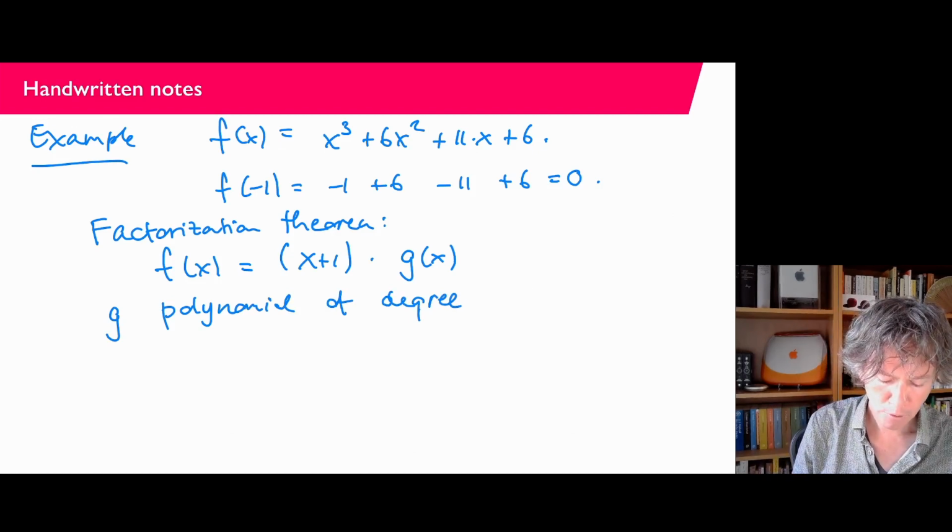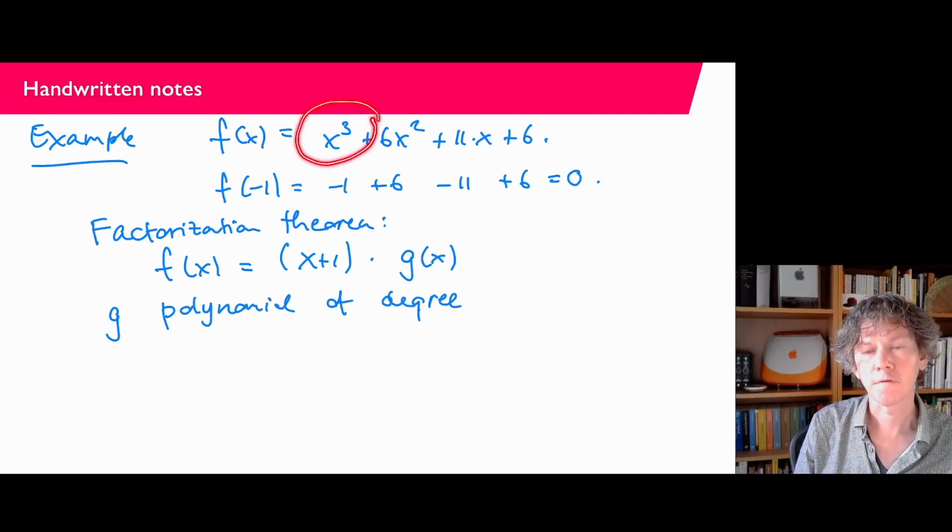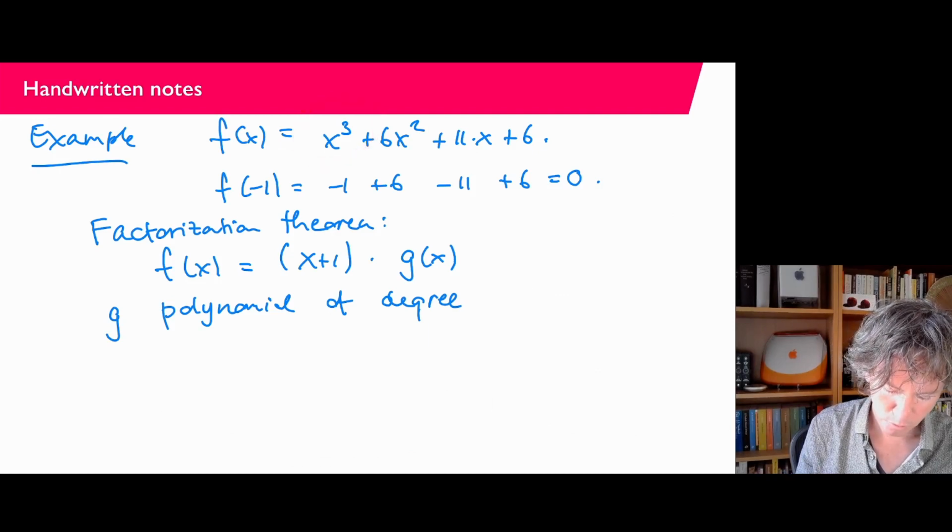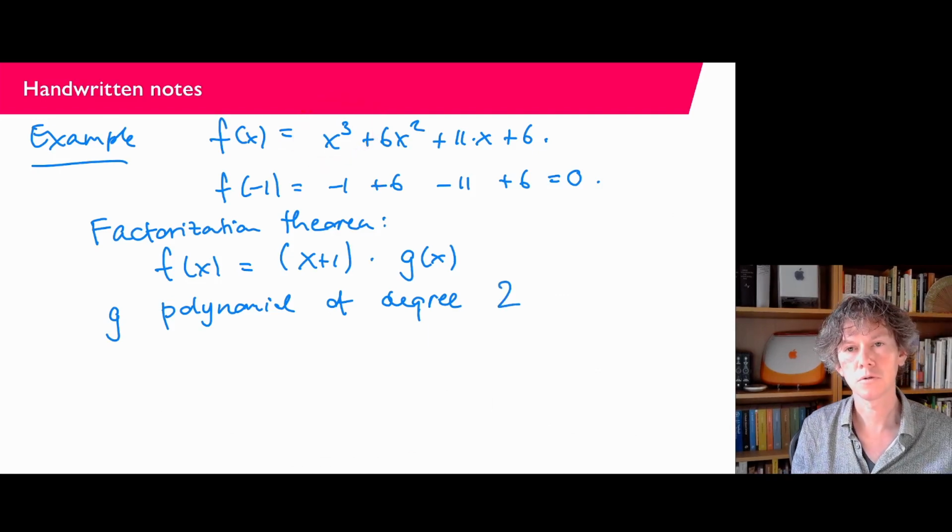So our polynomial f has degree 3. So this is going to be a polynomial of degree 2.